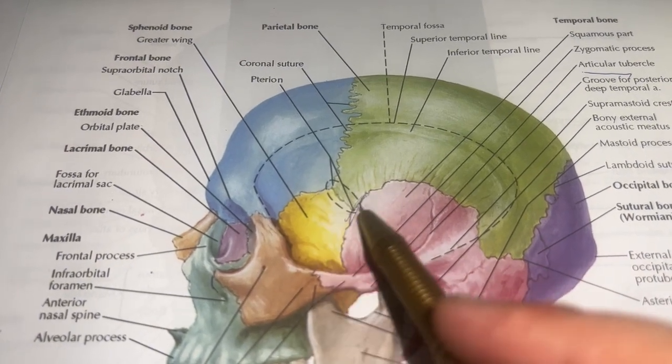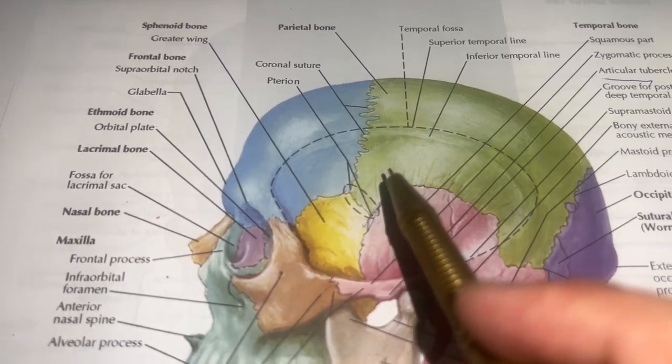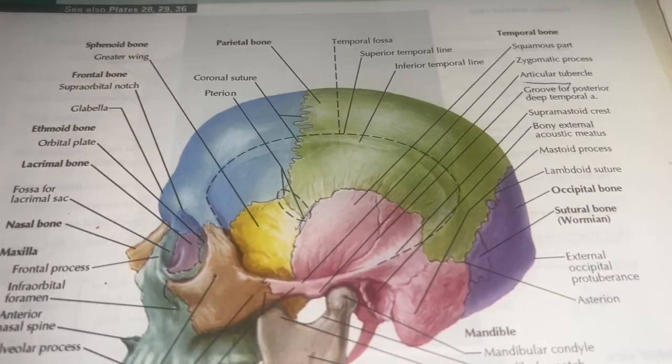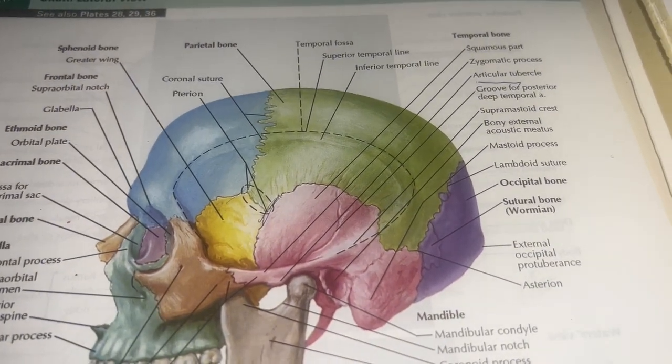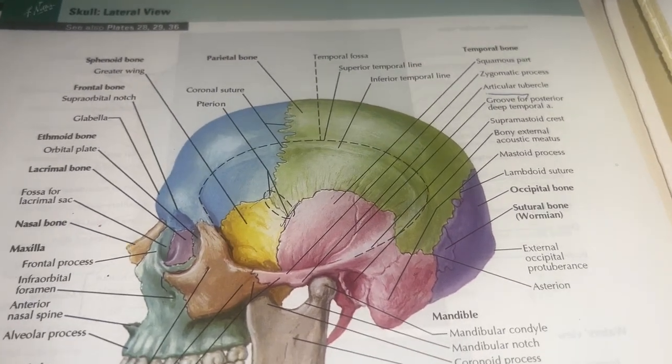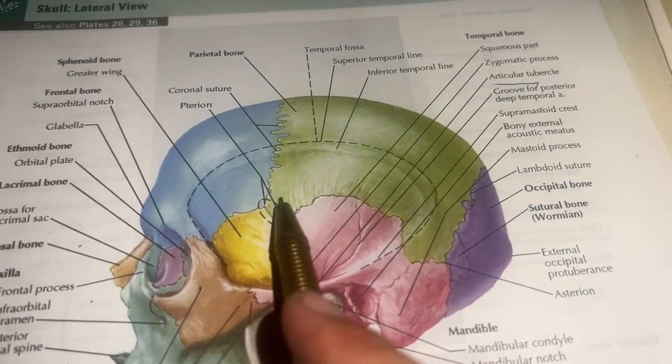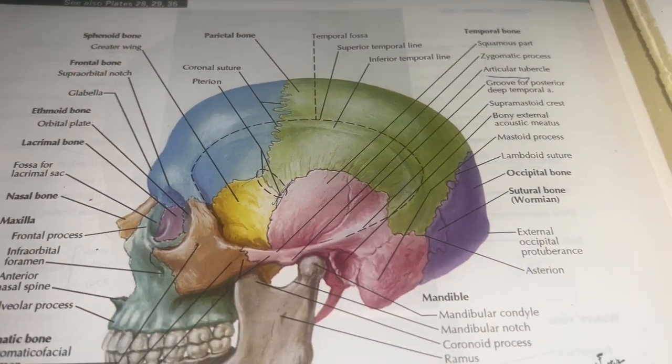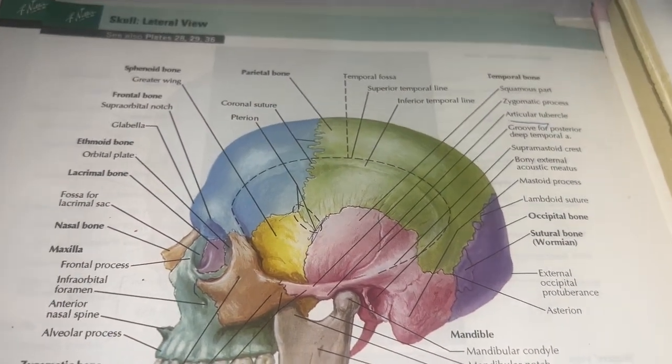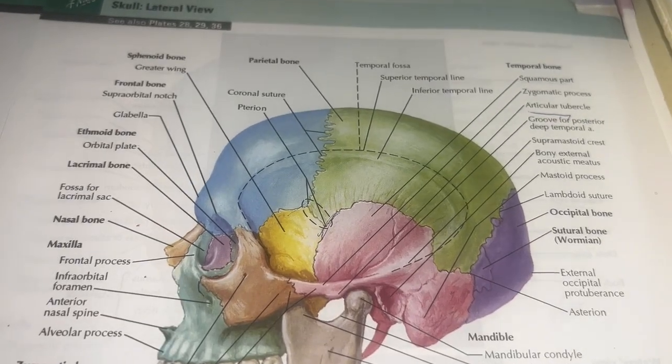It forms the H-shaped suture called Pterion, and in the newborn it is represented by the anterolateral fontanelle, which closes by 3 months of age.